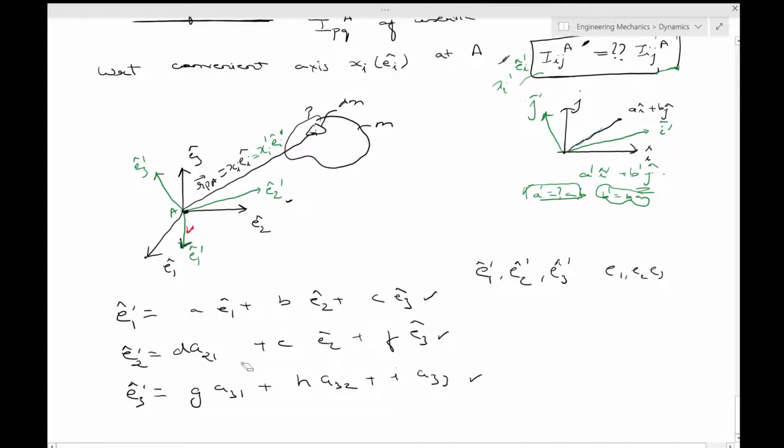Sorry, this should be e3 dash, e2 dash, and e1 dash. This is what we wanted to write.